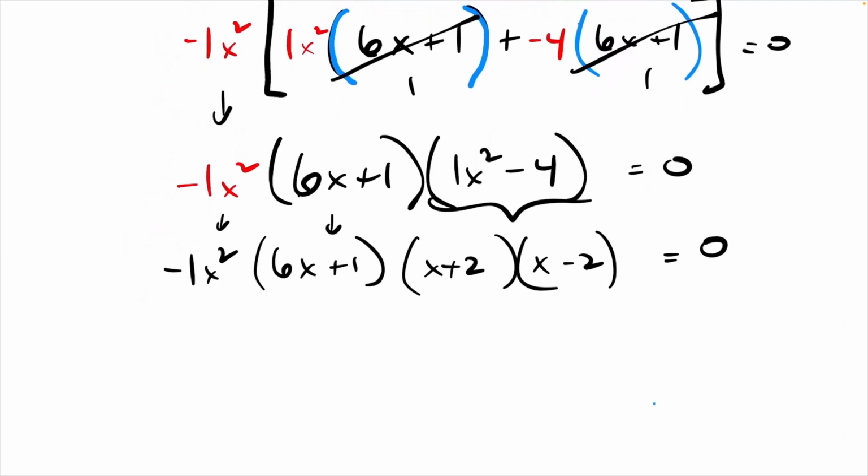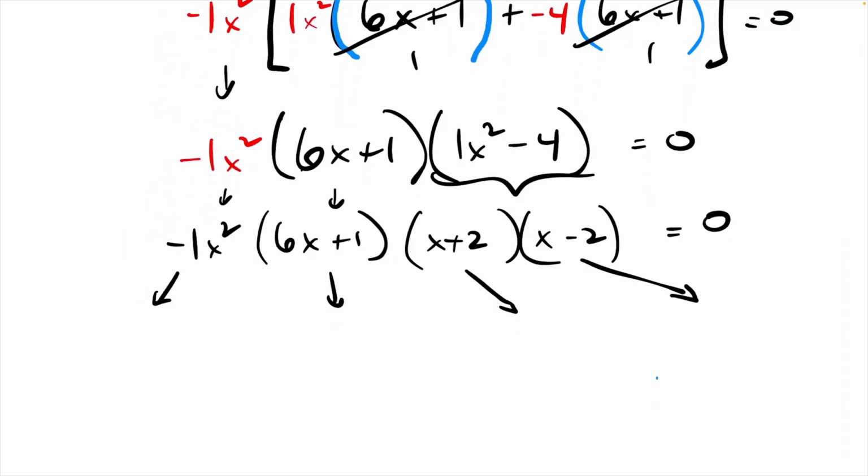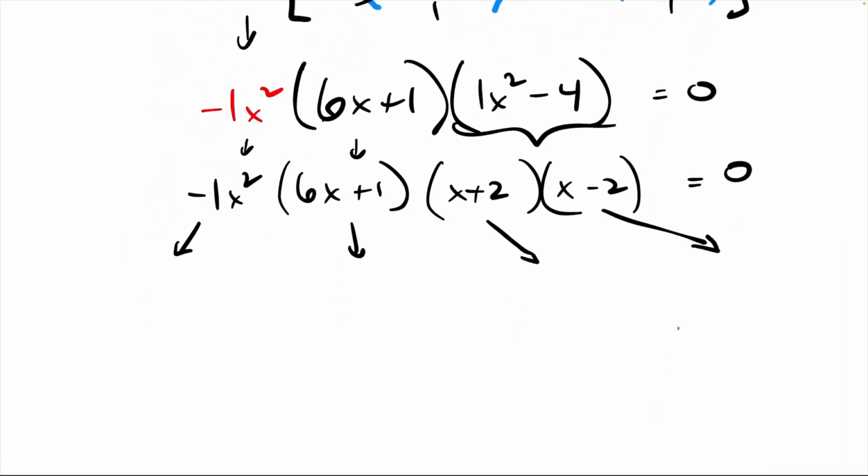Now I got to get my answers. I'm going to get an answer here, an answer here, here, and there. 4 answers. -1 x squared equals 0. 6x plus 1 equals 0.